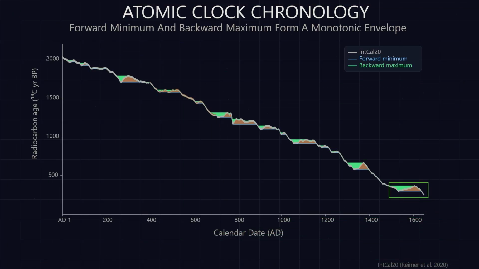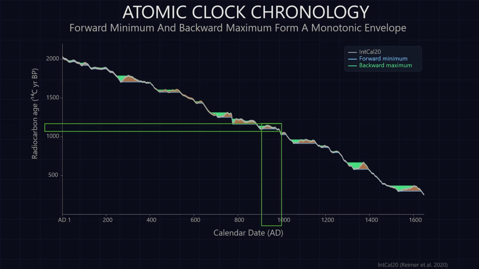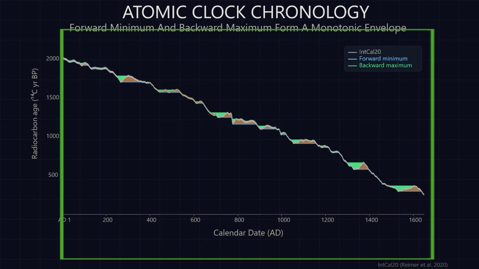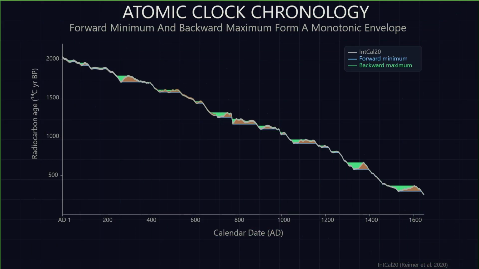These reversal zones hold as long as the maximum and minimum do not collapse into each other. They provide specific data. They tell us how many atomic clock ticks, how many atomic clock years there are per calendar span. How many atomic clock years to how many calendar years.